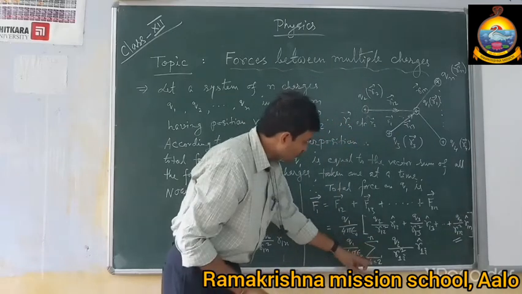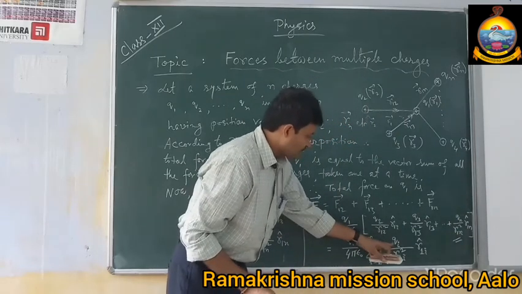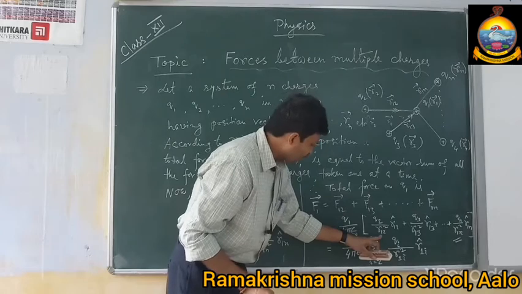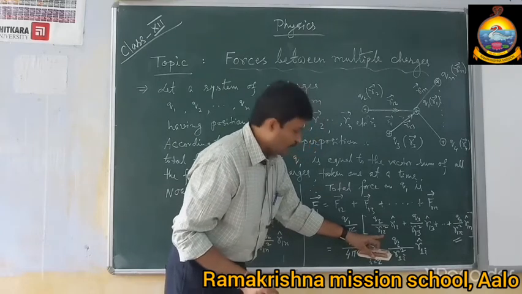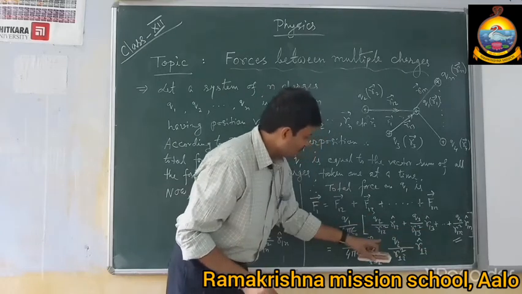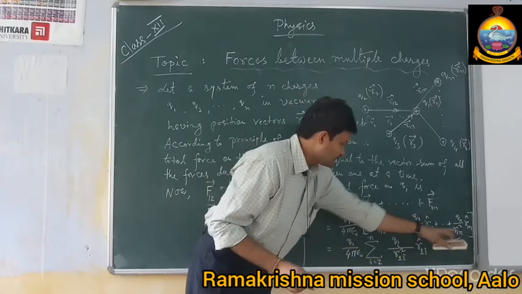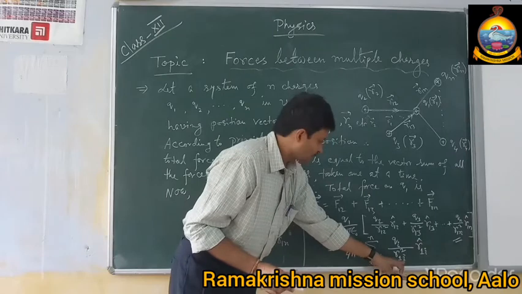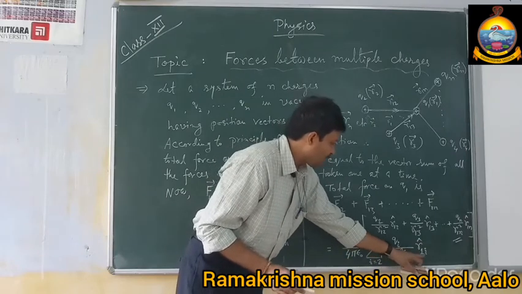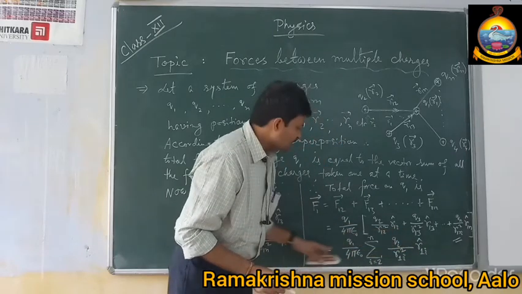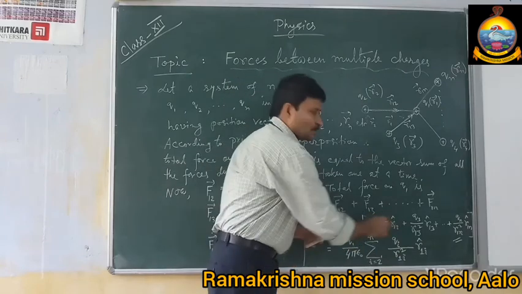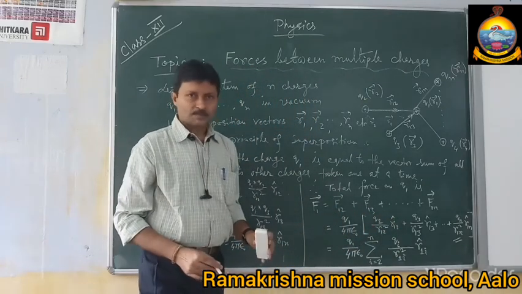So i runs from 2 to n, qi divided by r1i square, and r1i cap. Here 1 is constant for all, so the first index is 1 and the second index runs from 2 to n, so the second index is i. So this is the short form of this total force which is obtained by the principle of superposition.